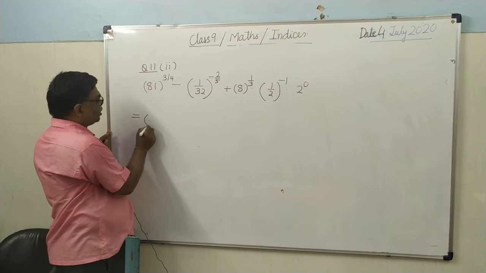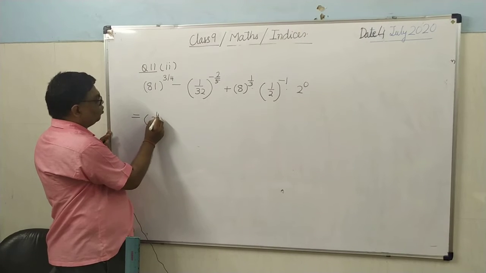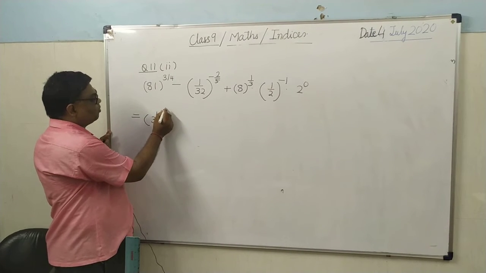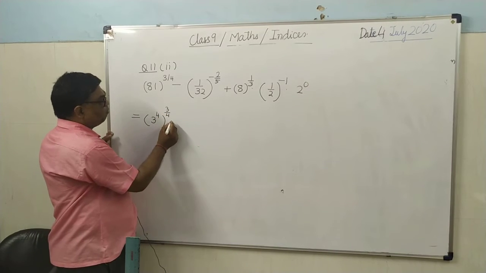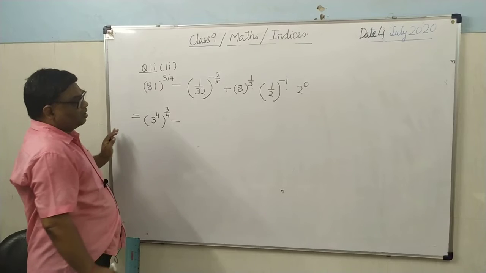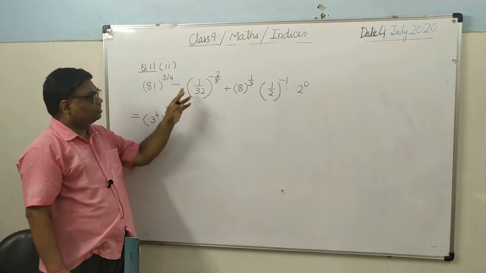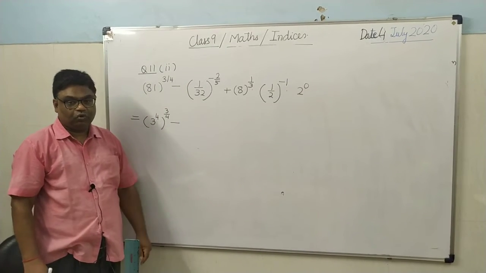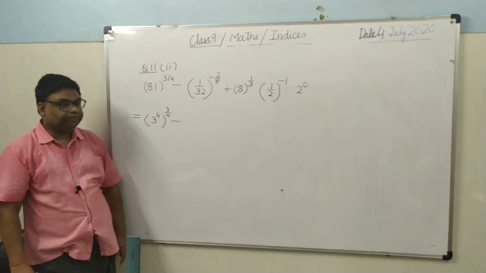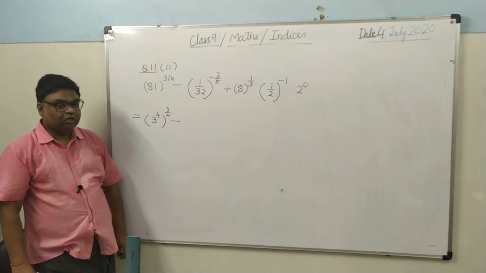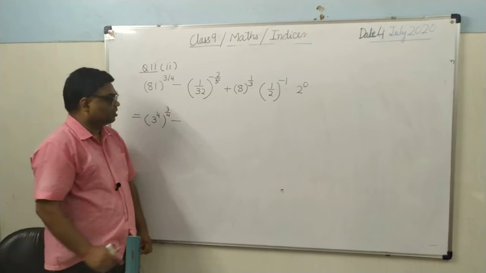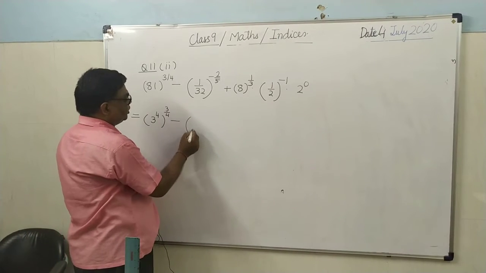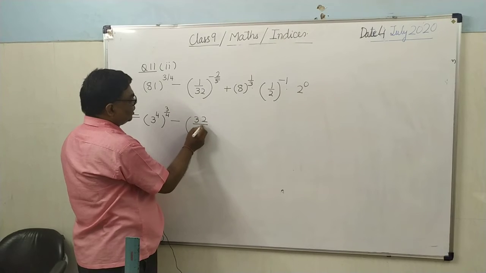Straight forward you can write 3 to the power 4 because this is not a very big number. Whole to the power 3 by 4 minus, here you can see this is a fraction, power is negative. Fraction power is negative. What will you do? You make the power positive and reciprocate the fraction. Reciprocate the fraction means invert the fraction.